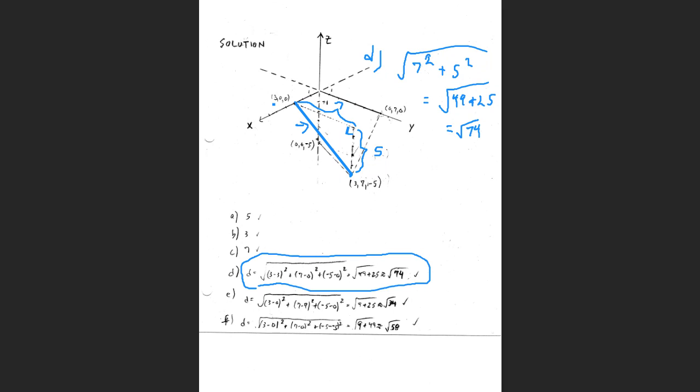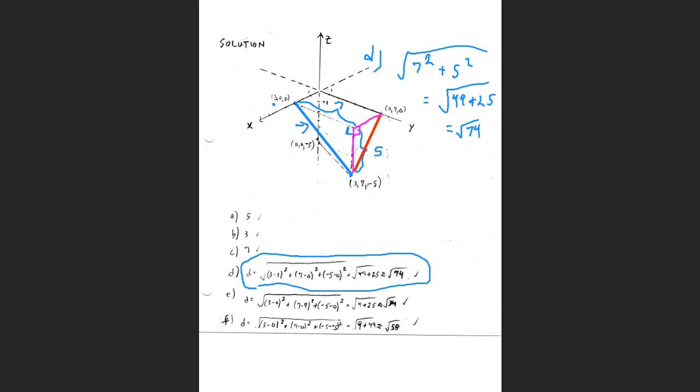Now for part E, if you want to go to the y-axis, the distance from that point to the y-axis is this distance here. But that distance, again, you can form a little right triangle here. I've got to be a little careful here how I do this.